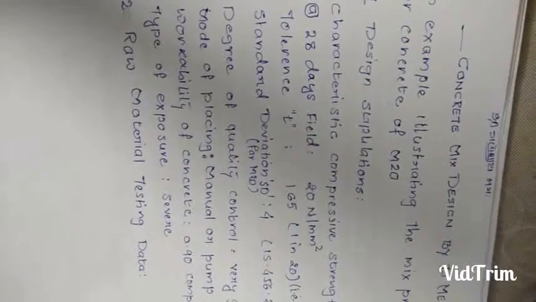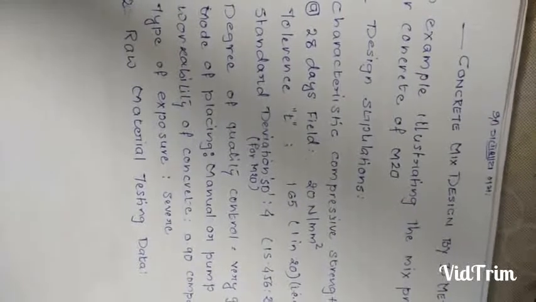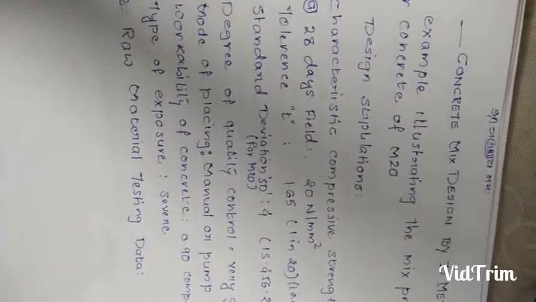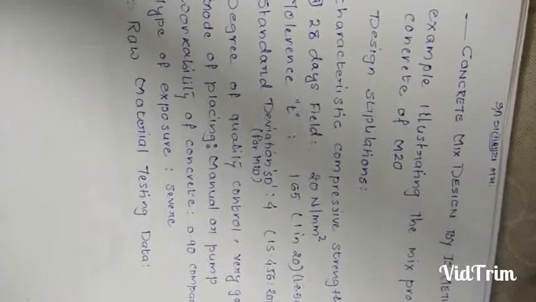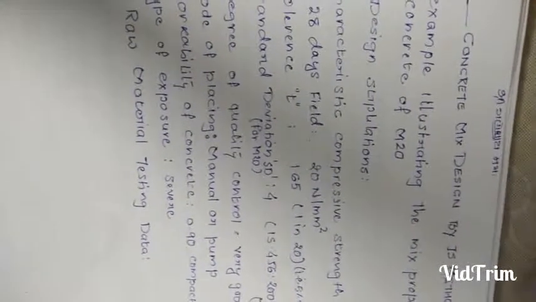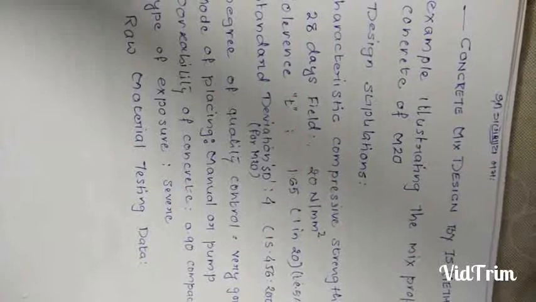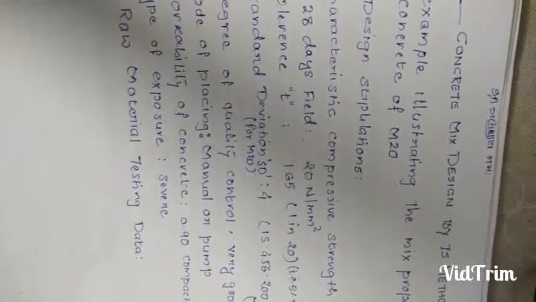Let me explain why we have taken tolerance T as 1.65: the result of testing of a cube should not go lower than the specified 20 Newton per millimeter square. That means when we test the compressive strength of molded cubes, it should not be less than 20 Newton per millimeter square.